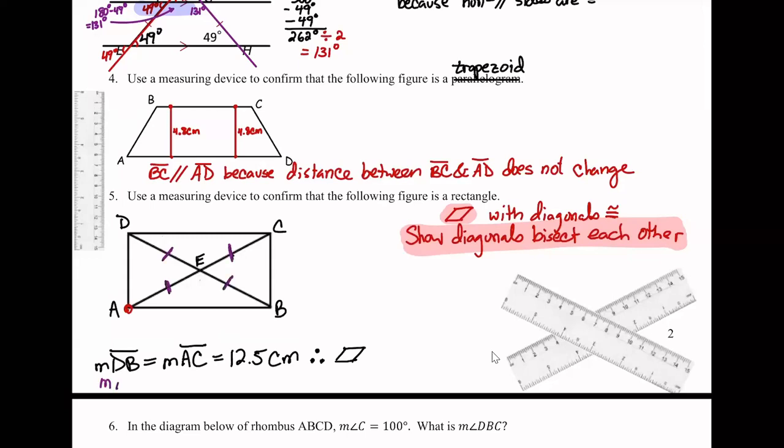The measure of A to E is equal to the measure of E to C, which in turn is equal to the other two, B to E, E to D. And they're all equal to about 6.25 centimeters. So therefore, it's a rectangle.